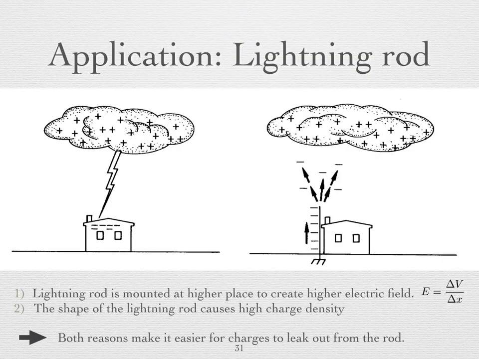And this is the idea behind the design of the lightning rod. If we know the cloud carries some charges because of friction, and because of these charges, say it carries positive charges, it's going to attract the negative charges from the surface. And say you have a house there.